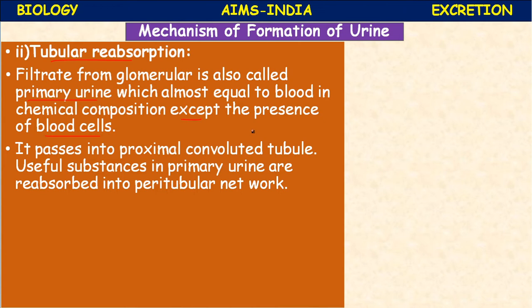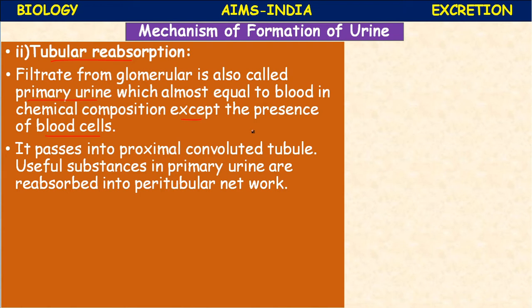The useful substances in the primary urine are reabsorbed into the peritubular network. Absorptive epithelium is present. With the help of that, it reabsorbs the useful content which is present in the filtrate. Where? In the proximal convoluted tubule.